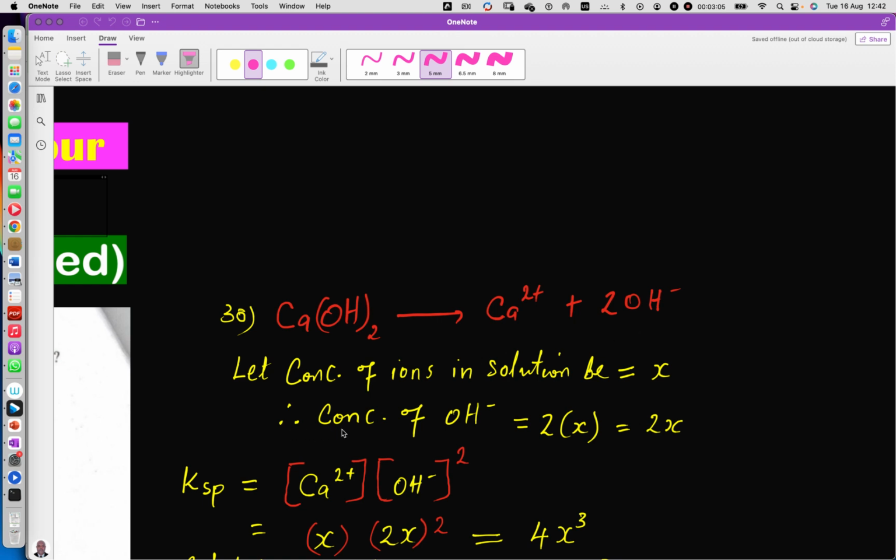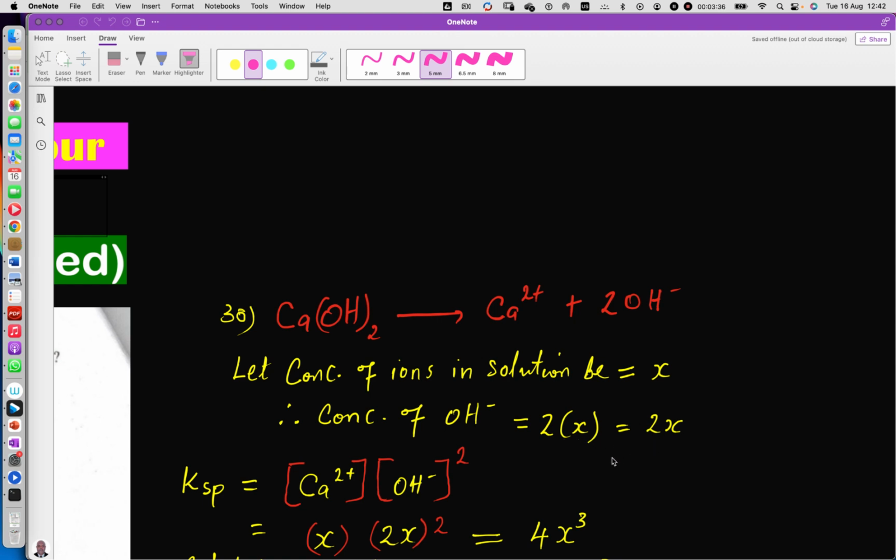Therefore, the concentration of the OH ion will be equal to 2 times X. Since the concentration of the ion in solution is X, then the solution of 2 moles of hydroxide ion will be 2 times X. That is, it will be 2X.